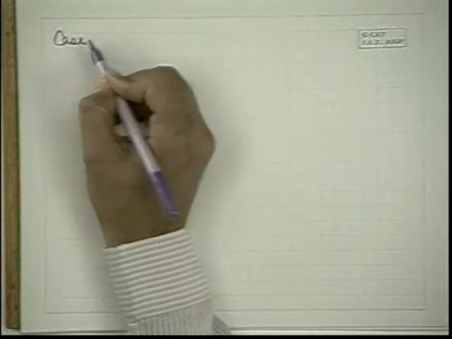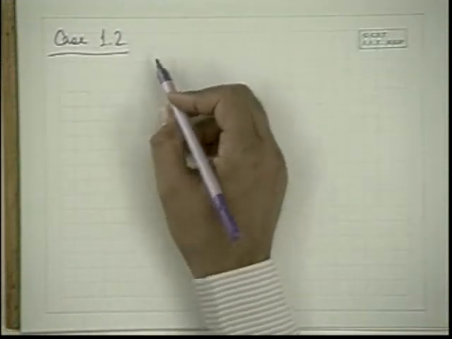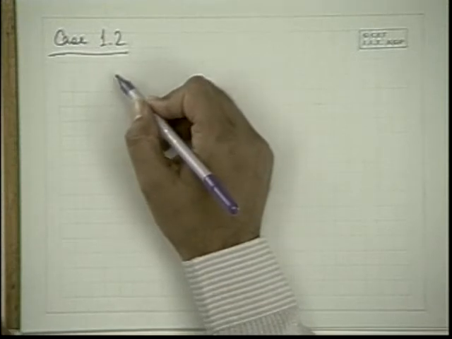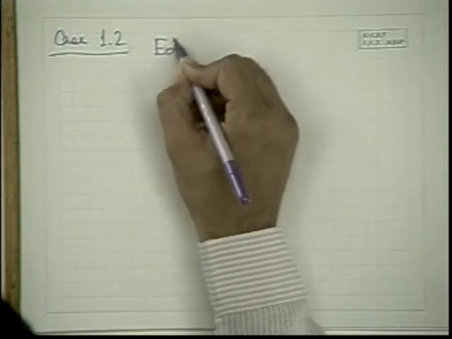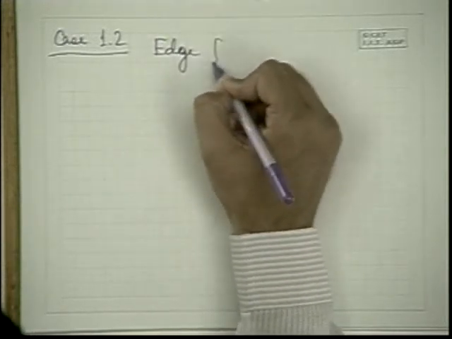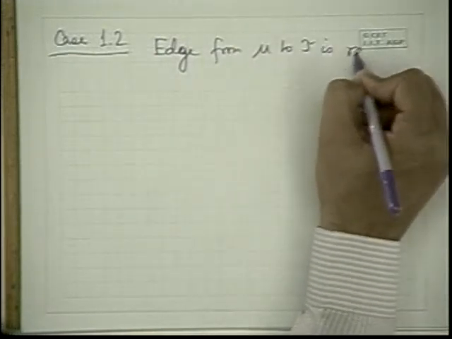Now there was case 1.1. If you go back to the condition of case 1.1, we can have actually case 1.2. Just see 1.1. In 1.1 the edge from mu to tau is black. Now we will assume in case 1.2, the edge from mu to tau is red, not black anymore.